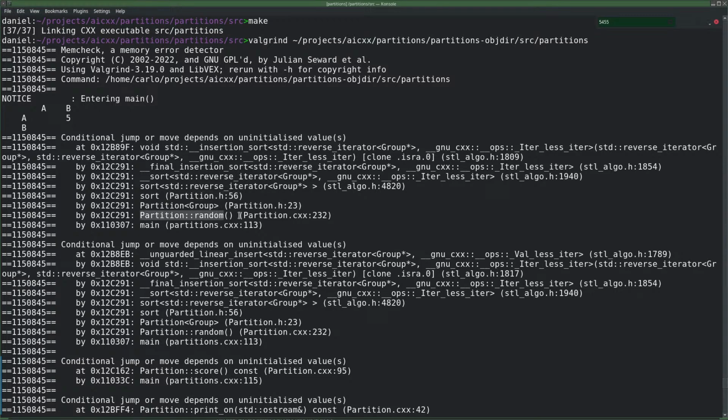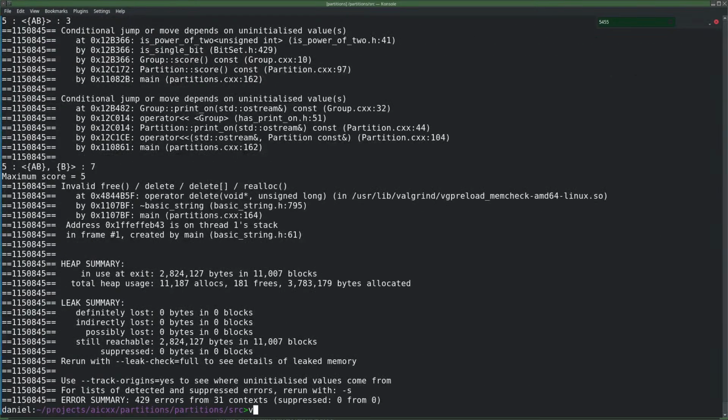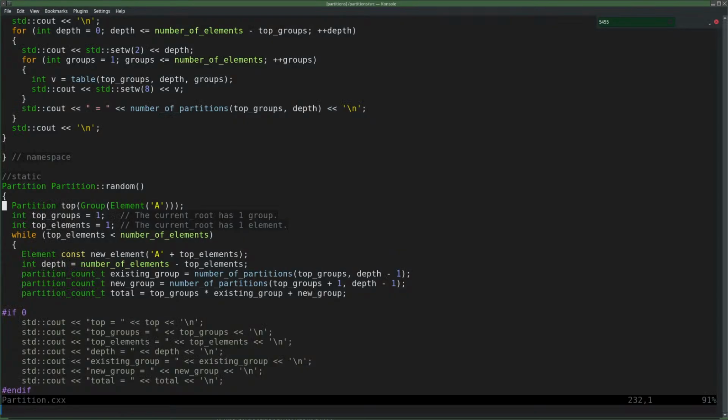And this time it is from random. Maybe it's a little bit different. Let's have a look here. Random initializes a partition from a group which is initialized from an element which is named by its name as a character.